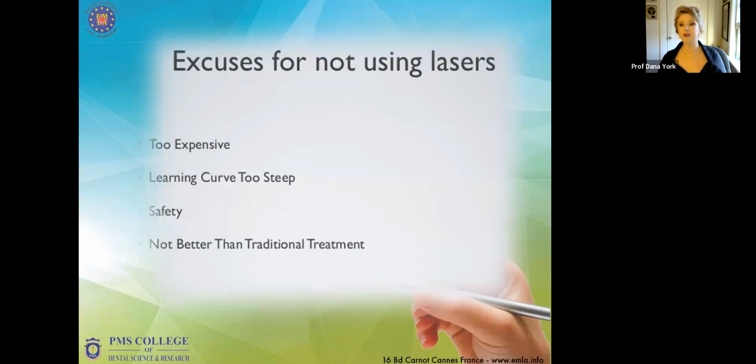Why will doctors not buy lasers? Because they think it's too expensive, the learning curve is too steep, it's not safe, it's not better than traditional treatments. They could not be farther from the truth. Once you have the laser therapy device, it becomes free, and you can use it for years to come.